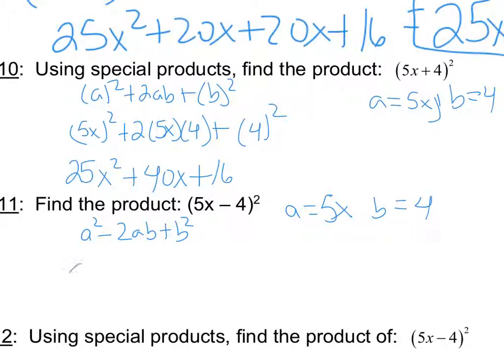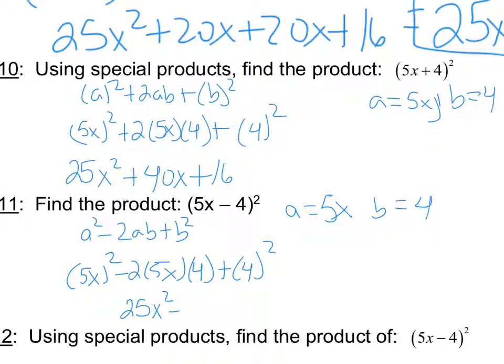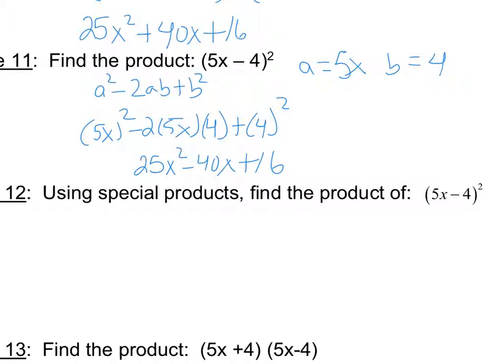So you say 5x squared minus 2 times 5x times 4 plus 4 squared, which is 25x squared minus 40x plus 16. Okay? So I use the special rule.